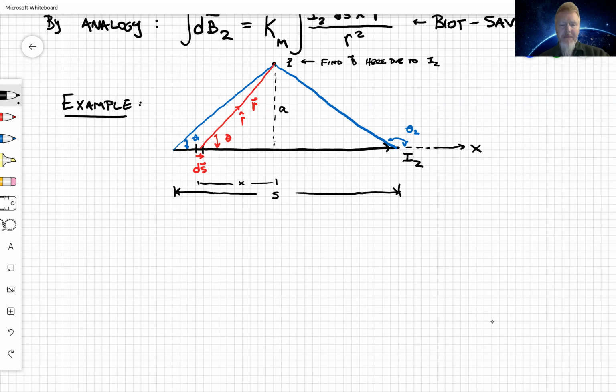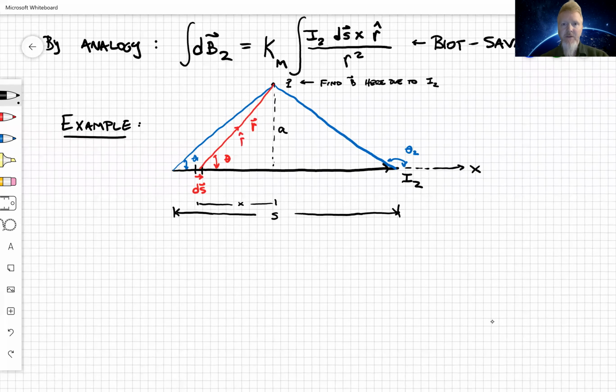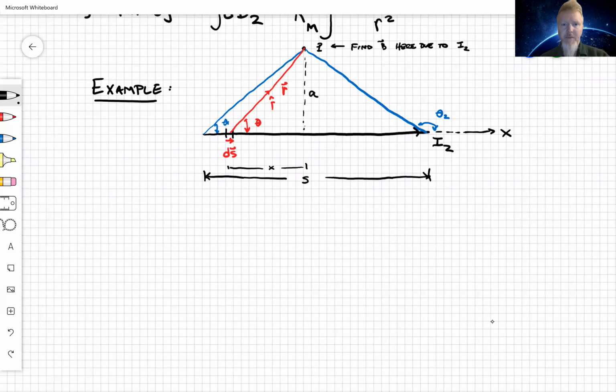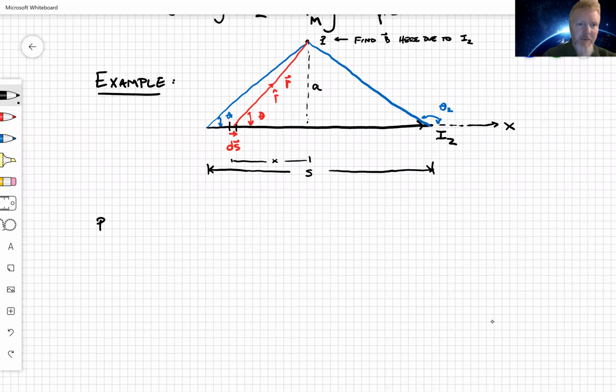All right. Okay, so now let's look at how to use this I ds cross R over R squared integral here. All right, so here are some problem solving steps.